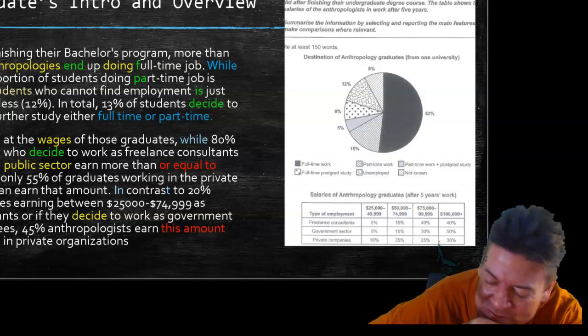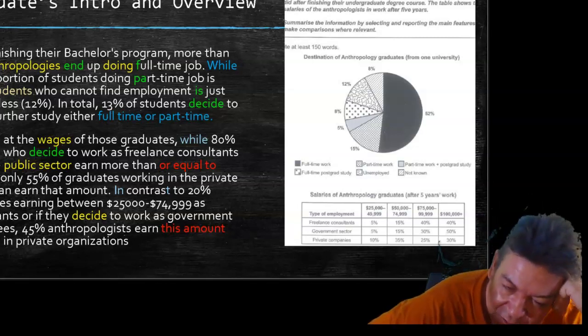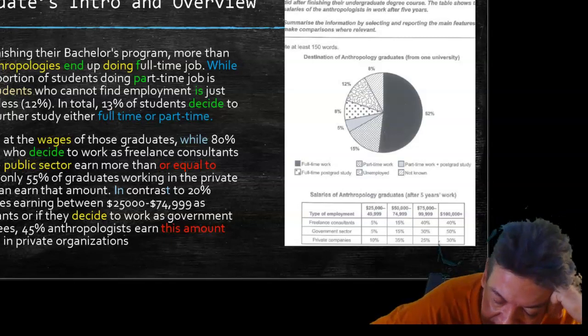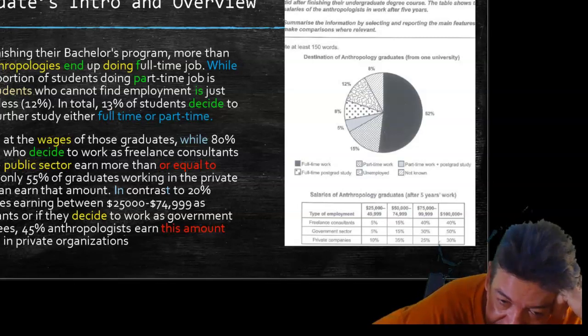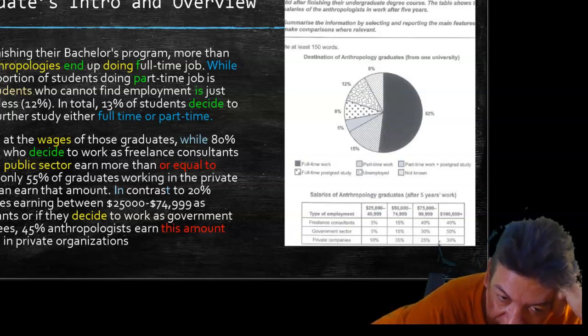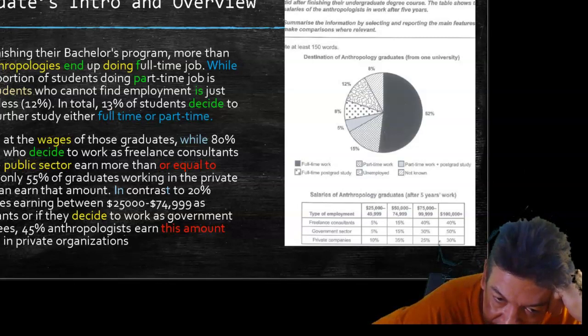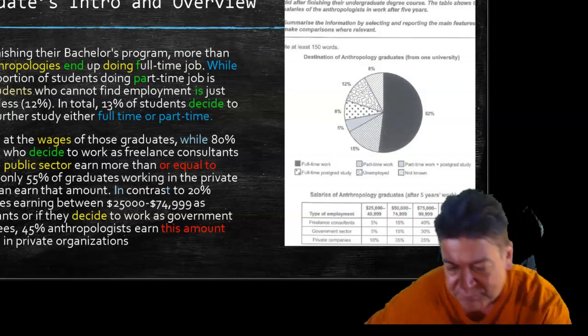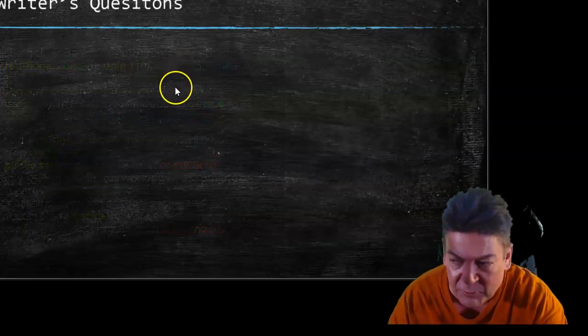So those earning between 25, okay, those in the lower income brackets, maybe put that in parentheses, were or made up 45% of all workers in the private sector, but by contrast, only 20% in the other two. Much shorter. Okay, and let's come to your questions now.